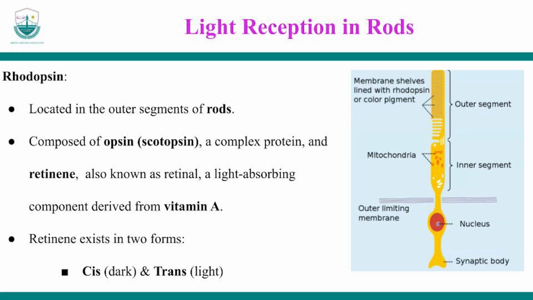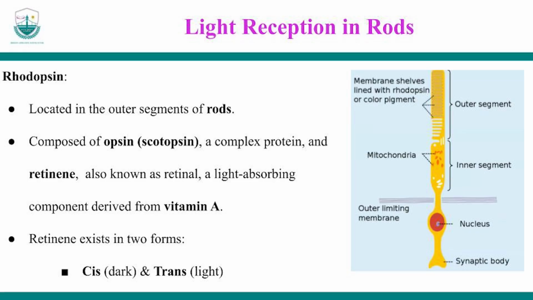Okay, so that means that in our discussion, whether we are talking about cones or rods, we are going to talk about photosensitive pigments. Okay, so what happens to the photosensitive pigments is very important, because it is what generates the generator potential and also the action potential eventually. Okay, so in here, in the outer segment, we have membranes that contain rhodopsin, which is the photosensitive pigment that we're talking about.